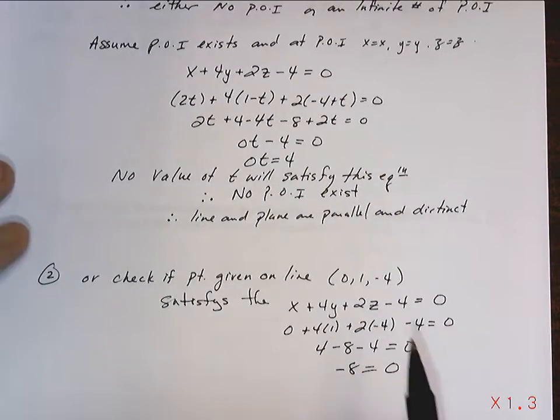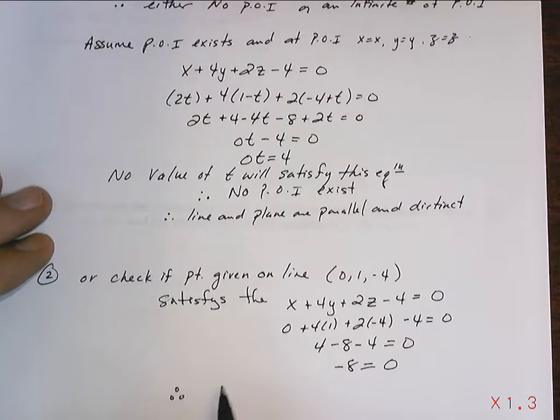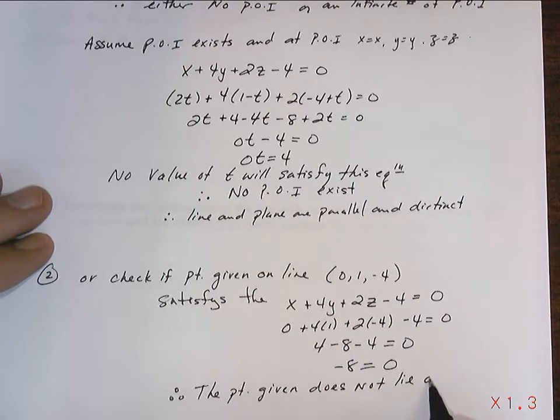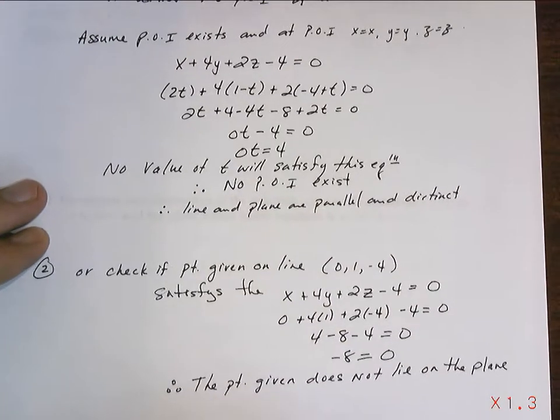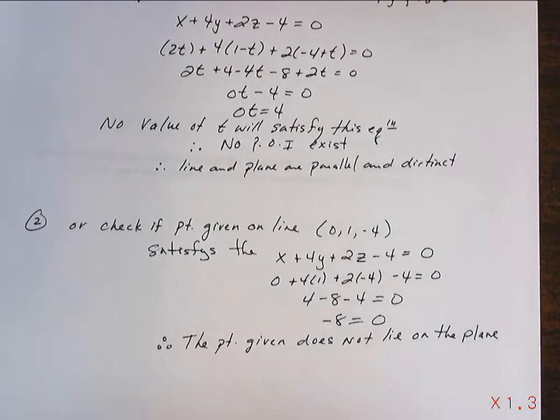What that means is, therefore, this point does not lie in the plane. So the point given on the line does not lie in the plane.